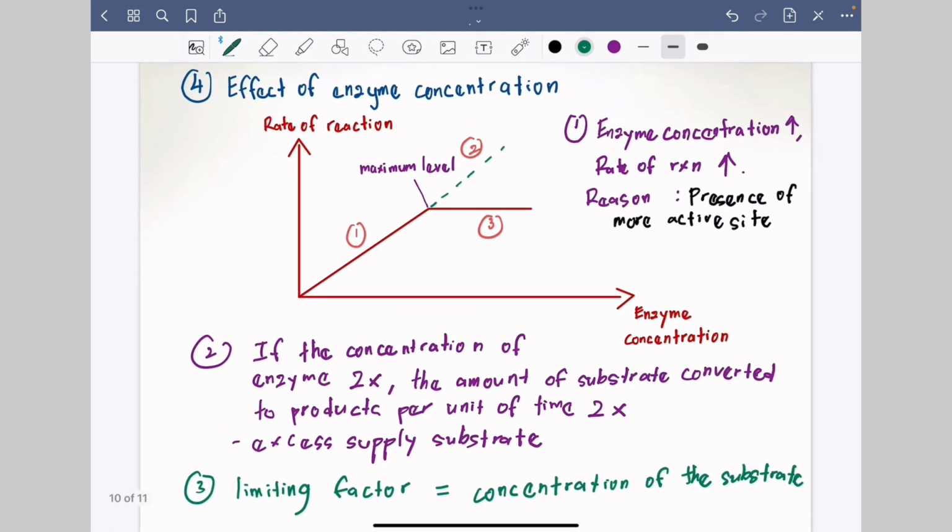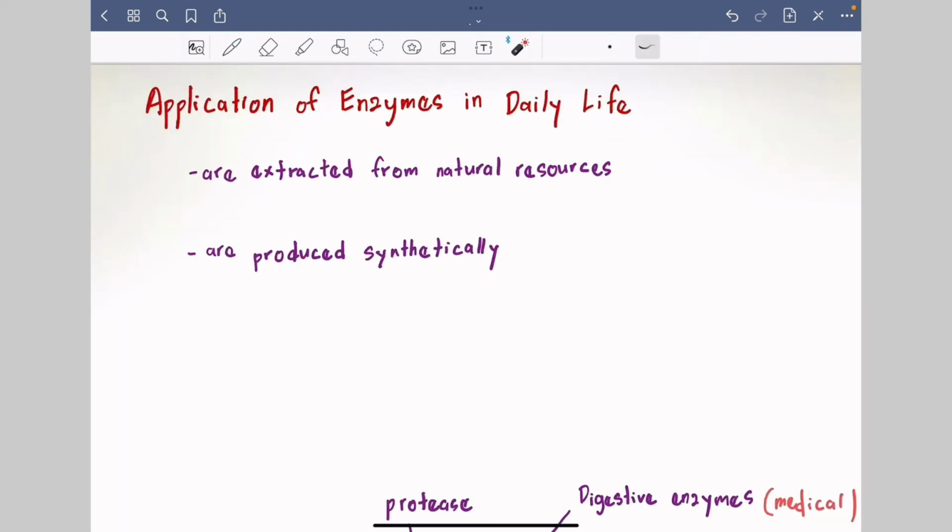Okay, that's all for the factors that affect the enzyme activity. Now we move to the last topic within the subtopic of enzymes, which is the application of enzymes in daily life. As we know, there are a lot of commercial sectors for everyday use that need enzymes in order for reactions to occur very fast and to get the products very easily.